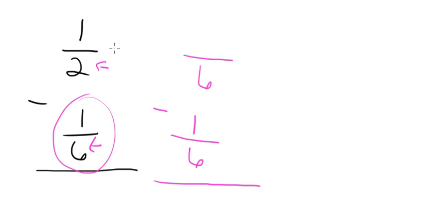And if you remember equivalent fractions, we said that to find an equivalent fraction for 1/2, I can multiply it by a number in the numerator and denominator that would be the same. So I could multiply it by 2 over 2, right?